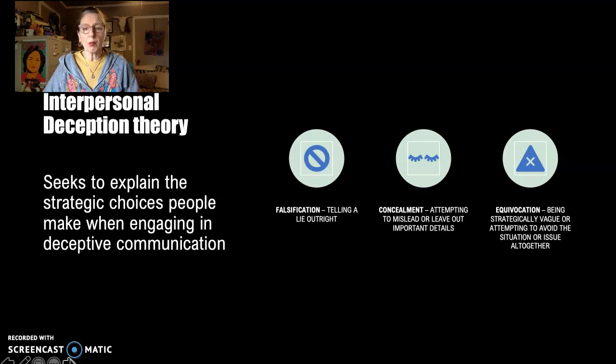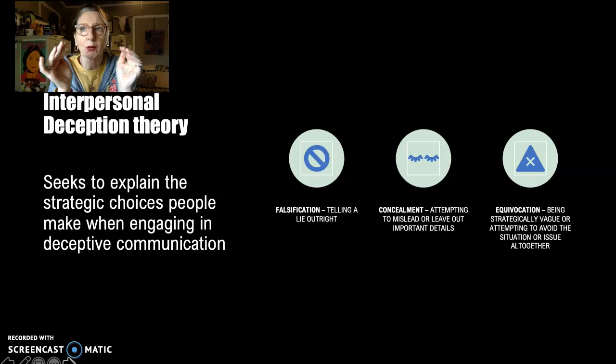Seeks to explain means it helps us understand what kind of strategic choices people make when they want to deceive another person. There are three components here.